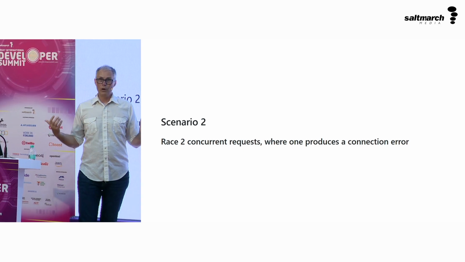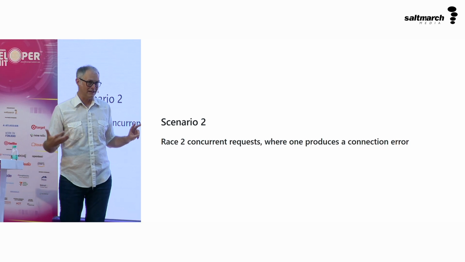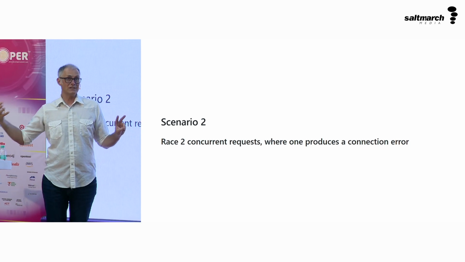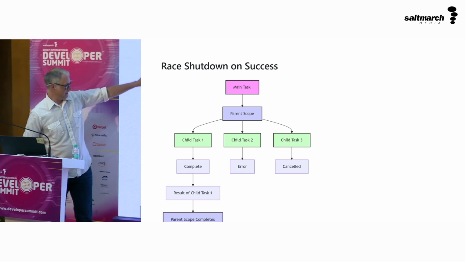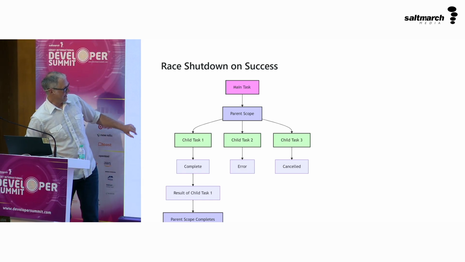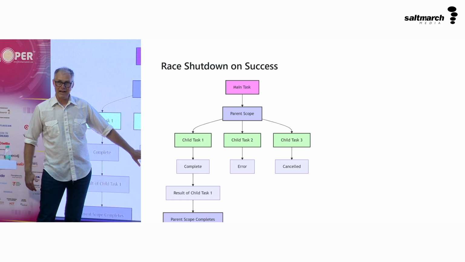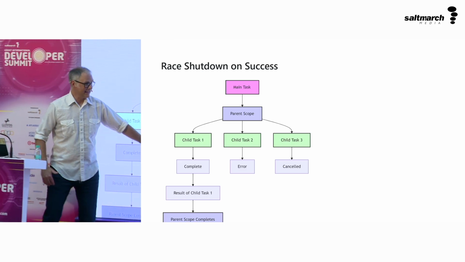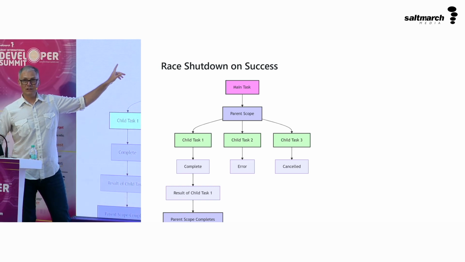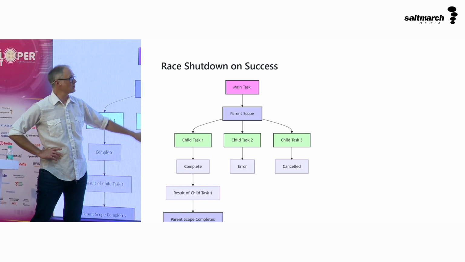What this scenario tries to show is how your structured concurrency manages a race that has an error in it. Back to this diagram, let's say that child task 2 produces an error. What do we want to happen in that case? There are two different things you can usually choose from for what to do when one of your children produces an error.